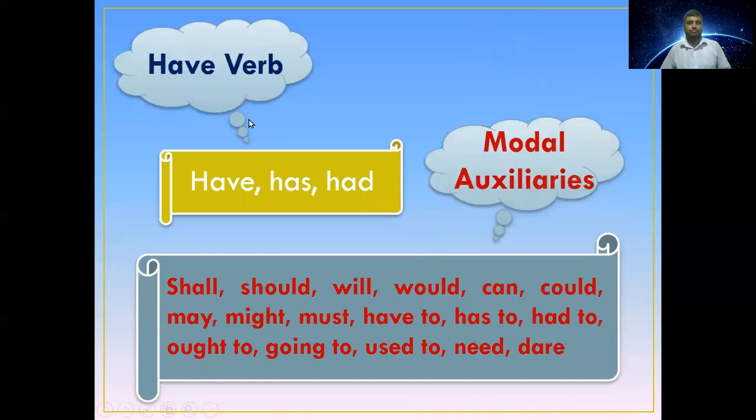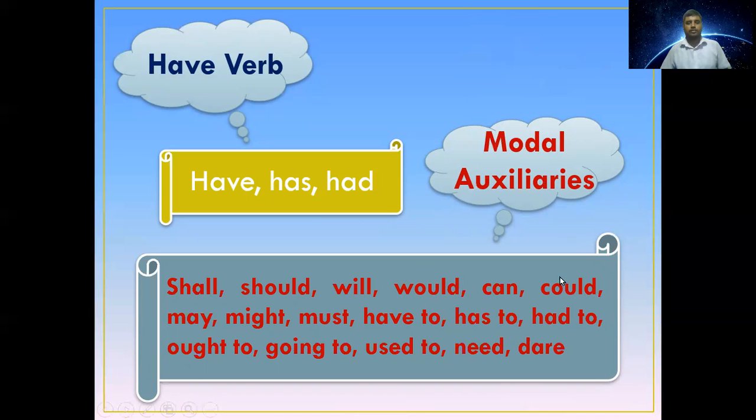Have verb. There are three kinds of have verb: have, has, and had. Modal auxiliaries. More important auxiliaries are modal auxiliaries.